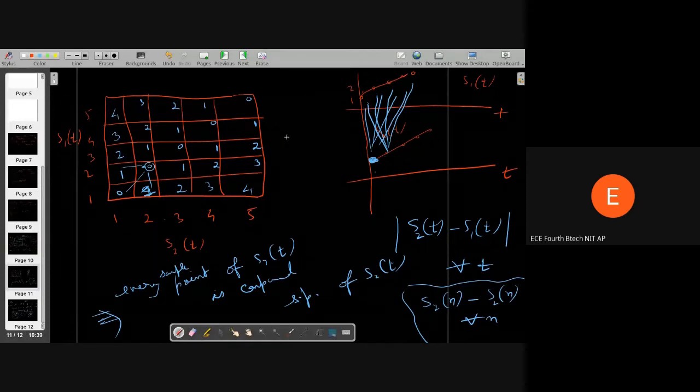From this simple matrix of distances, you can create a cumulative distance matrix. This is a simple distance matrix, or one-to-one distance matrix. You have to create a cumulative distance matrix, and we'll see how to do that.